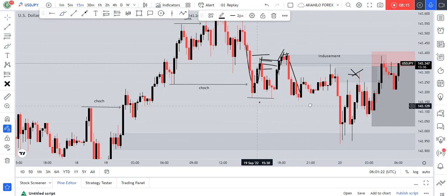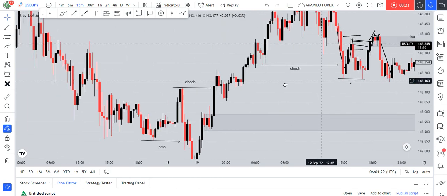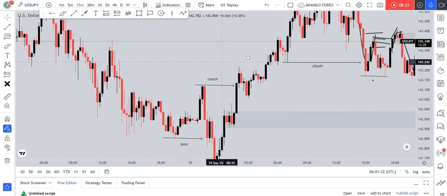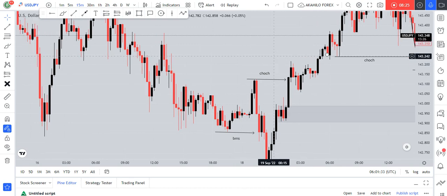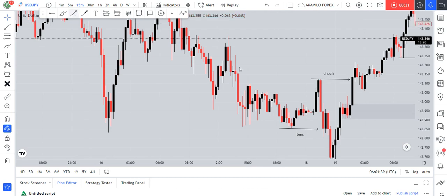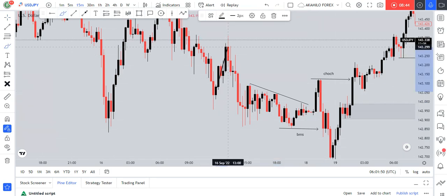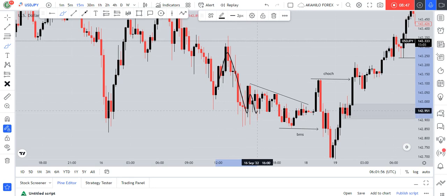Another way of identifying inducement: there are many inducements in the market, and many traders don't know how to identify them. Here we have a trend line inducement. When price is moving to the downside, price gives this trend consolidation, which will be indicated as a trend line.